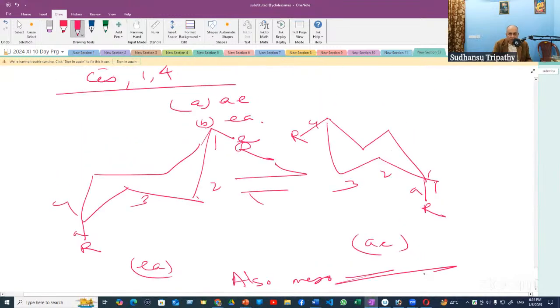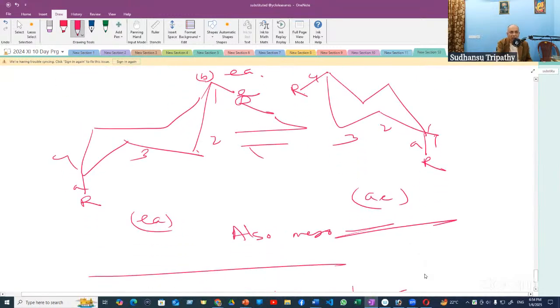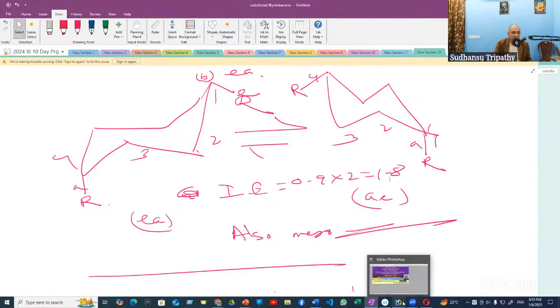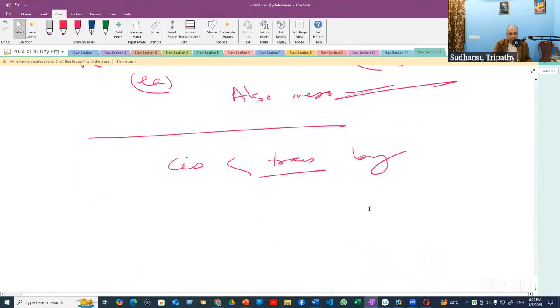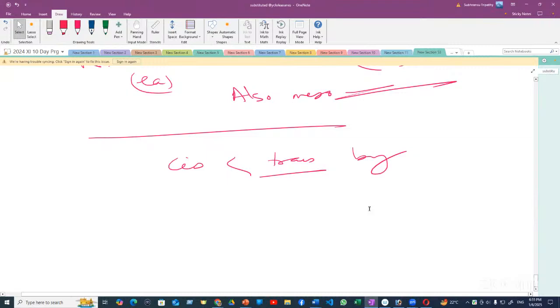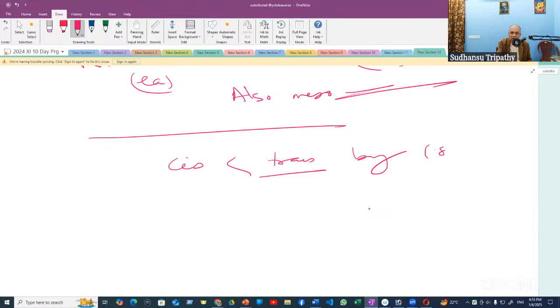Cis is less stable because one will have at least interaction energy of 0.9 into 2 is 1.8. So the difference between cis and trans is how much? 1.8. Cis is less stable than trans.